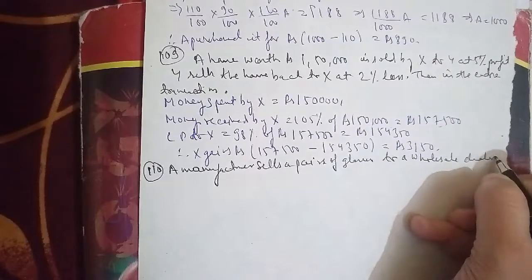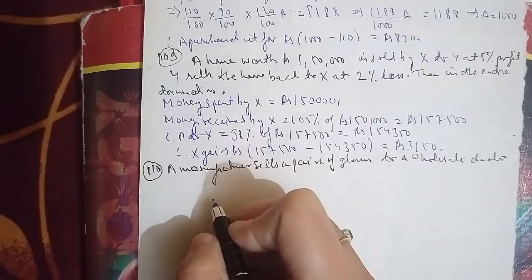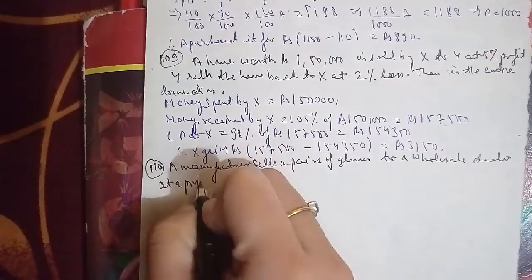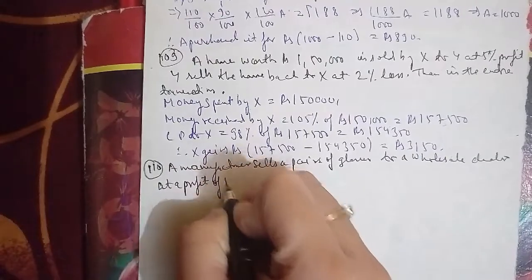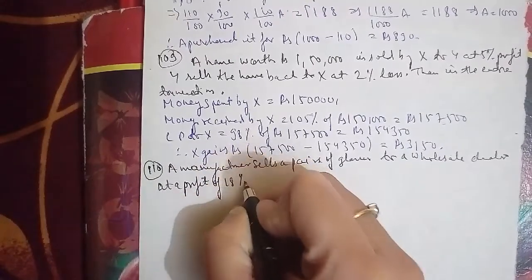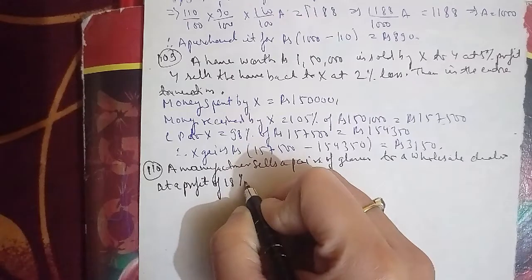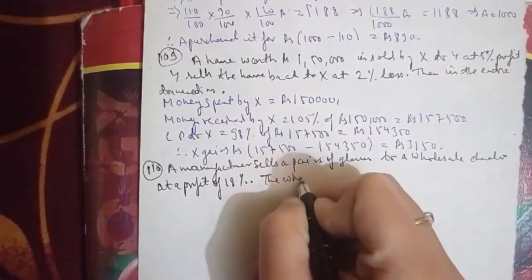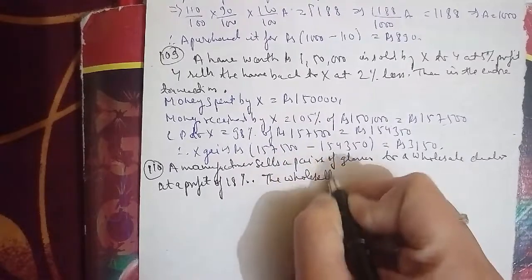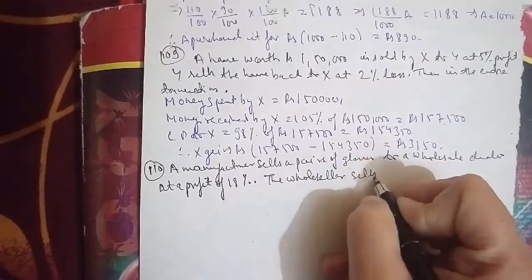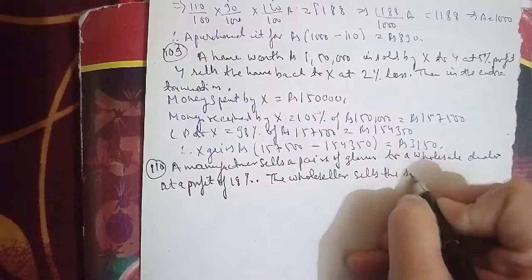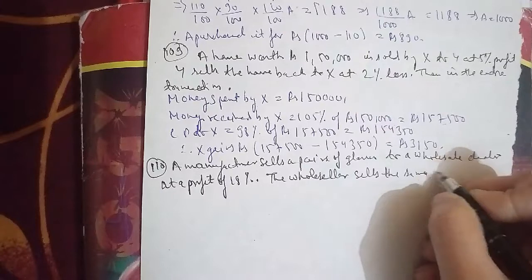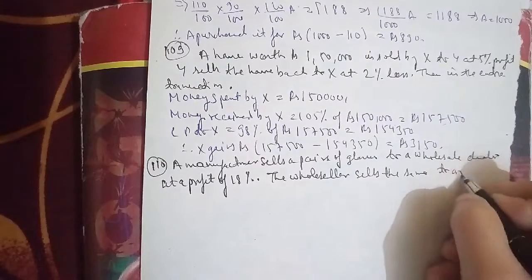The wholesaler sells the same to a retailer at a profit of 20%.